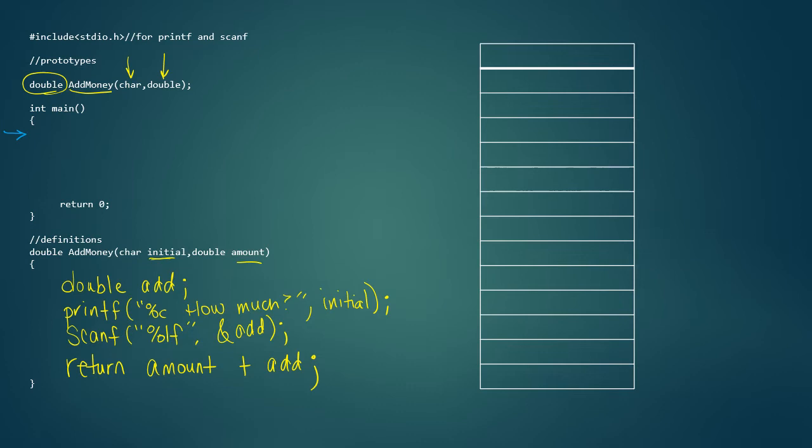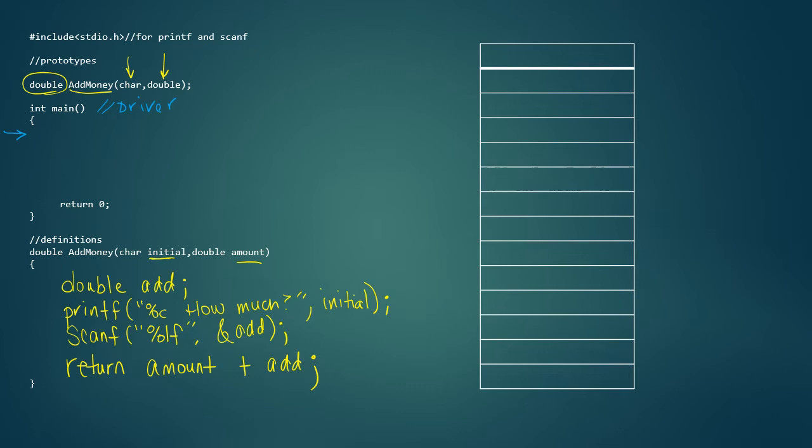In order to test this function, we're going to use the main function as a driver. It's called a driver because we need to get started and test our function. We will make a function call to this function and print the result and test to make sure that it's working. So how do we test this function? Well, we need to have an initial and we need to have an amount.